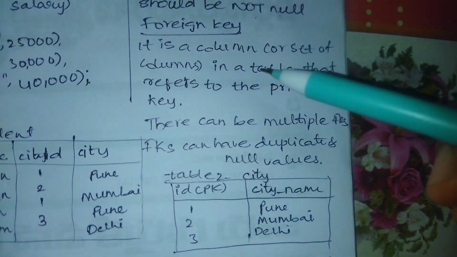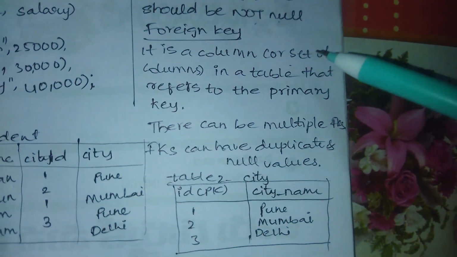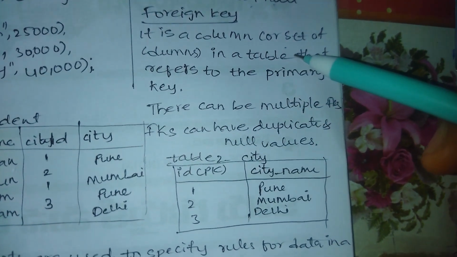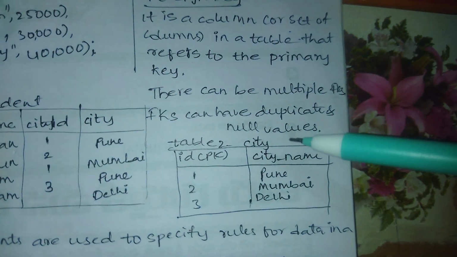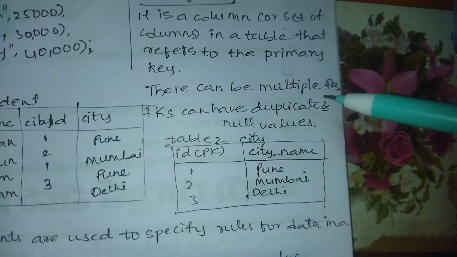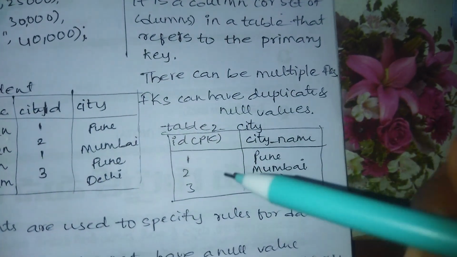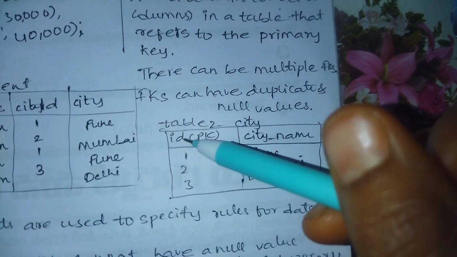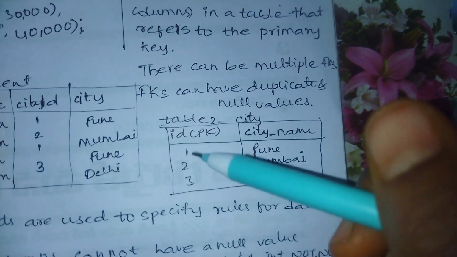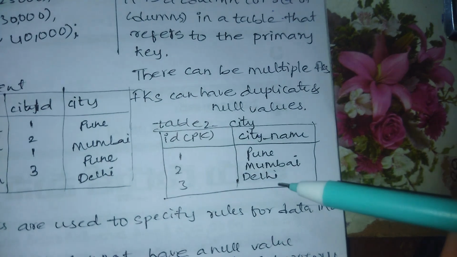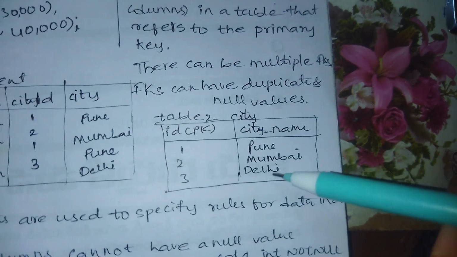Foreign key is a column or set of columns used in a table. For a primary key, there are multiple foreign keys, and we have only a single primary key. Primary key representation is ID, 1, 2, 3 numbers, and foreign key is multiple values like Pune, Mumbai, Delhi.